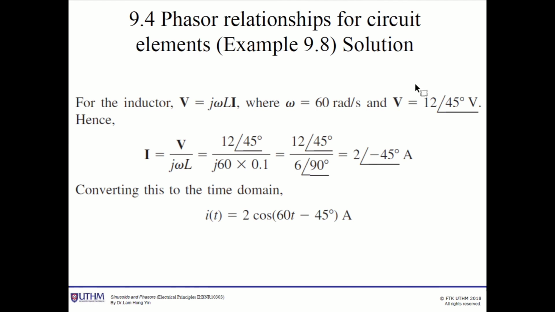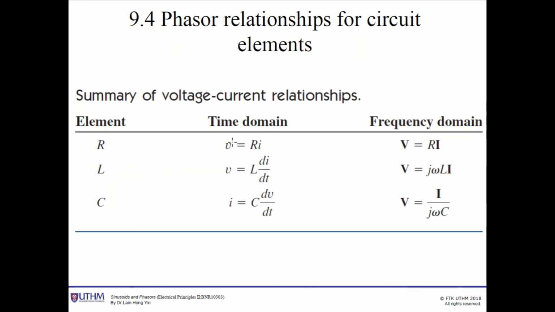So you will get 12∠45 degrees, with a 45 degree phase. From here we can use the equation where I equals V over jωL. From this table here we know that V equals jωLI, so if you want to find I, it means V divided by jωL.